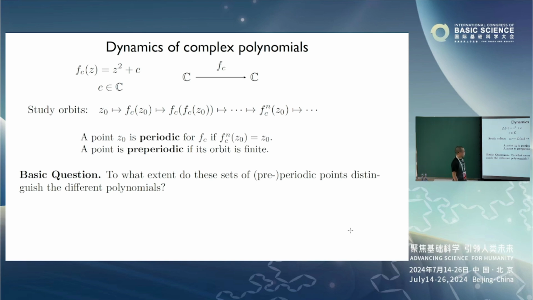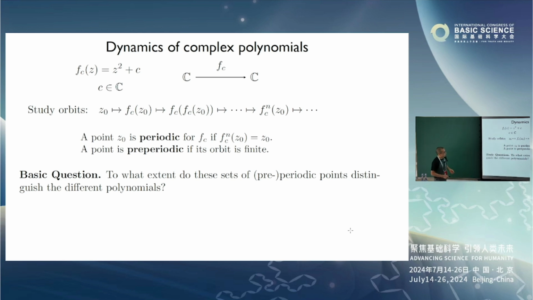Some basic question is to what extent does this set of preperiodic points distinguish the different polynomials, right? For any polynomial, you have a set of preperiodic points. And the thing is, can we use this set to determine the polynomial, or can we use a subset of it to determine the polynomial?